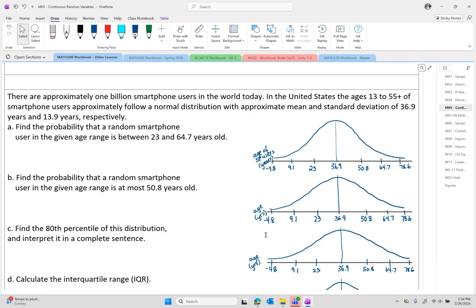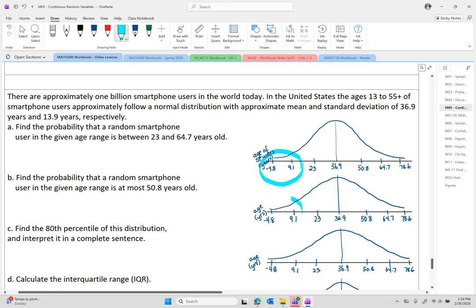So these are age of smartphone users in years. And of course, we are talking about ages 13 and up. So it doesn't really make sense to have values in this area. But algebraically, they do create a normal distribution that extends to negative infinity. It's just that in the context of this problem, they don't apply.